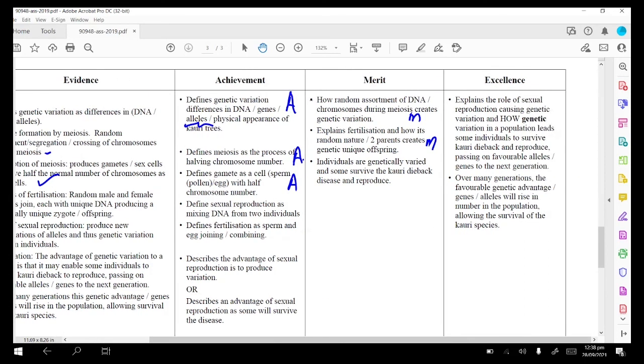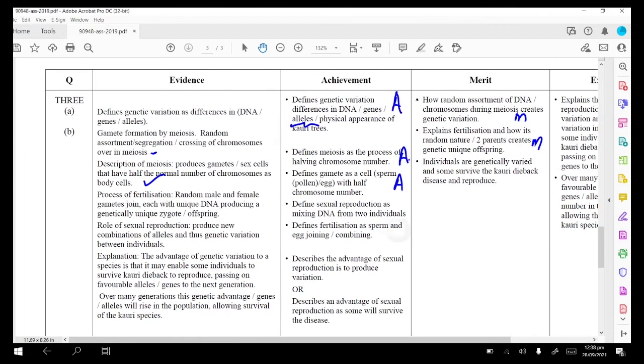Okay, and then going back to here, the process of fertilization: random male and female gametes join, each with a unique DNA, producing genetically unique zygote offspring. The role of sexual reproduction is to produce new combinations of alleles, thus genetic variation between them.